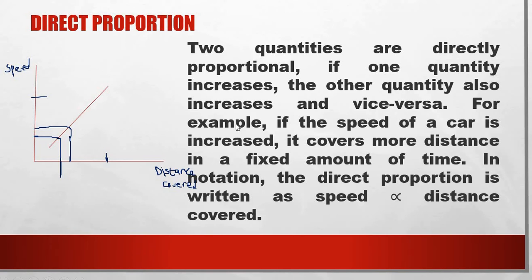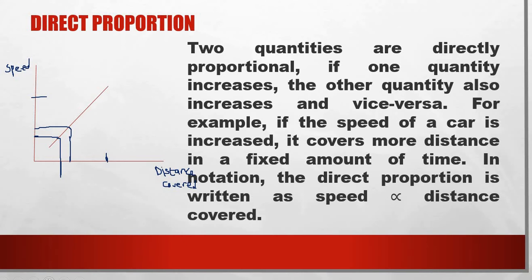Now I use an example of the speed of a car and the distance covered, like I have here in the graph. So the more the speed, the more distance covered.